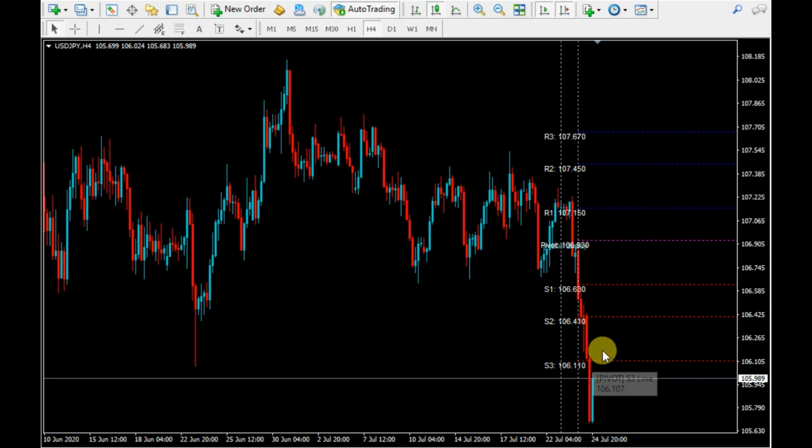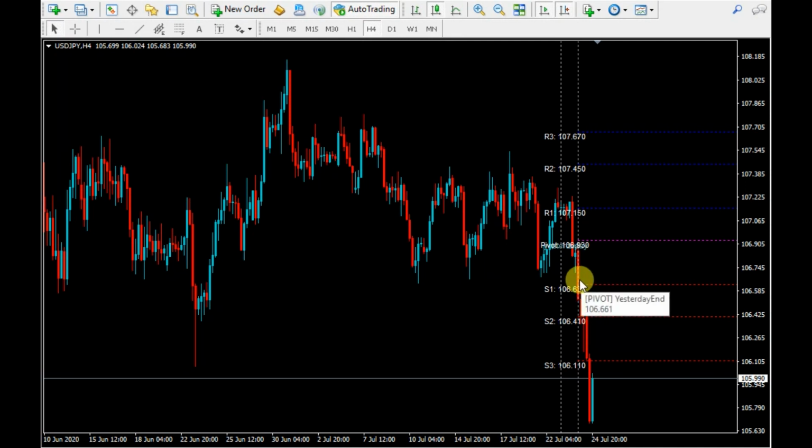Let's assume that the market is going down. If you trade on support and resistance, you will see that whenever the candle hits S1, it's going to keep dancing over here for a while, and go back up. Again the traders try pushing it down, the candle goes down, but then it comes back up.